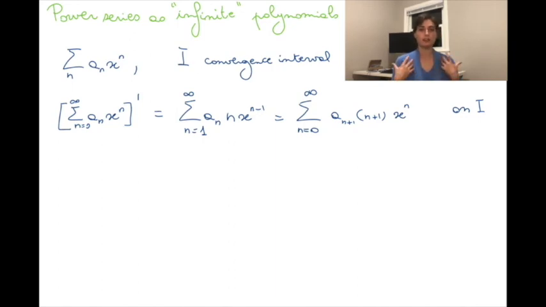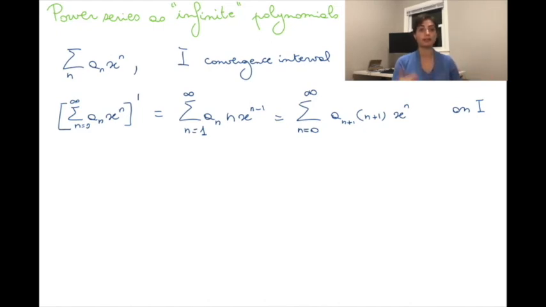We can look at a power series as a sort of infinite polynomial, but we can look at it in that sense only on the convergence interval, because outside of the convergence interval, the power series has no sense. So everything we can do on a power series, handling it as if it was a polynomial, we must remember is true only on the interval of convergence.